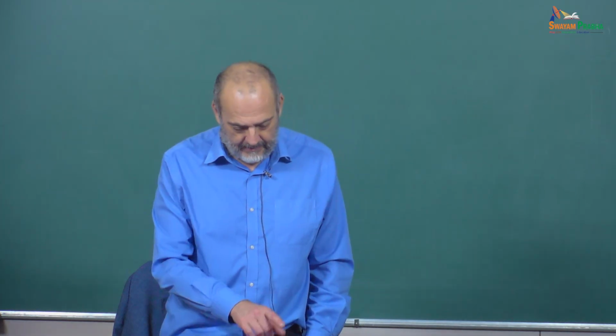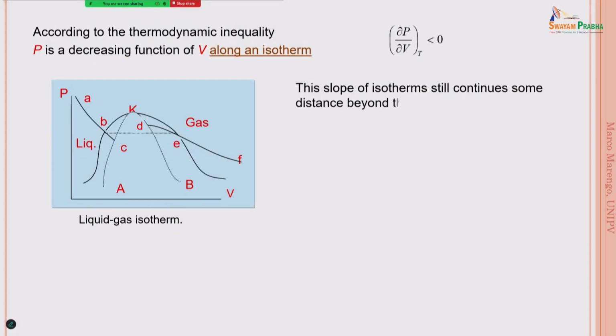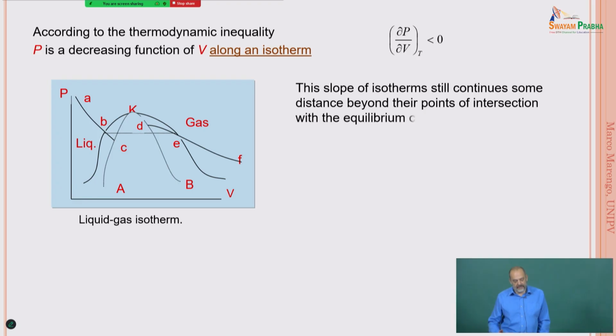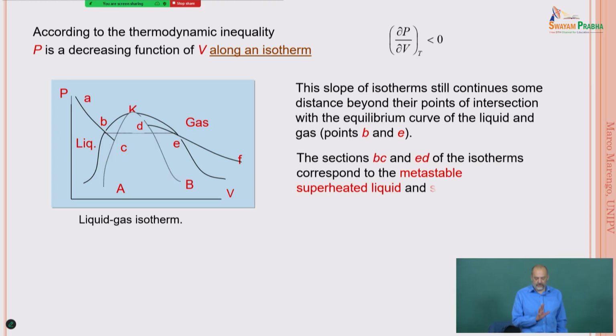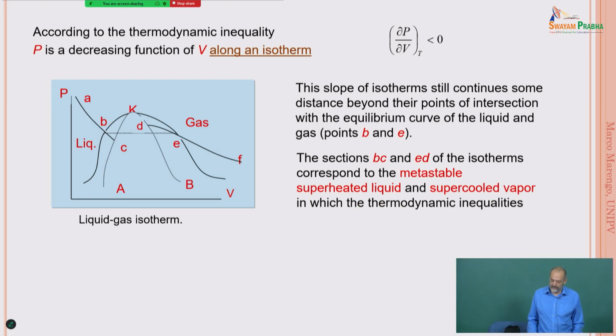But if you look at this plot, the slope of the isotherm is not the same. If you calculate the derivative of the pressure with respect to the volume, you can see that we have, in fact, different sections of this process.